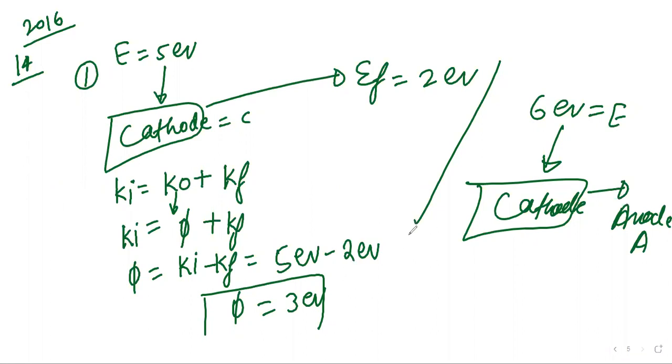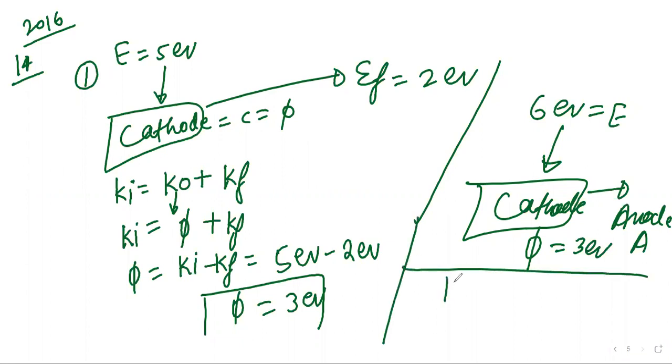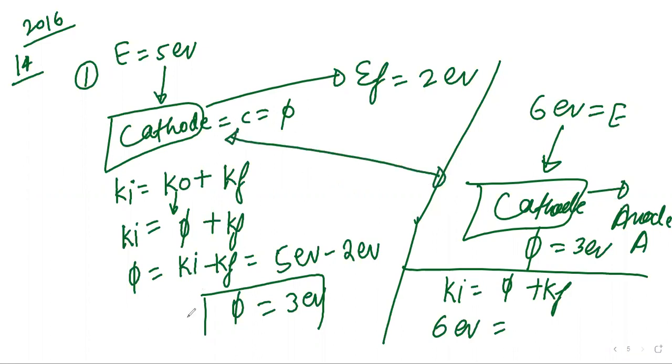In a similar manner, we use here 6. So this work function we know, it is equal to 3 electron volt. Now put in the equation, Ki equals work function plus Kf. So Ki is 6 electron volt in the second case. The work function will be the same because we are using the same material, the cathode only.